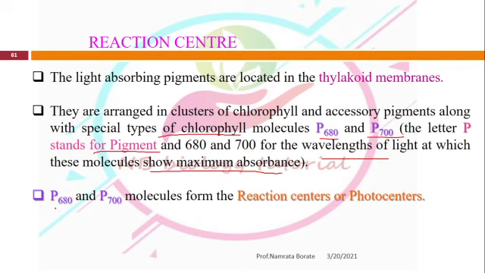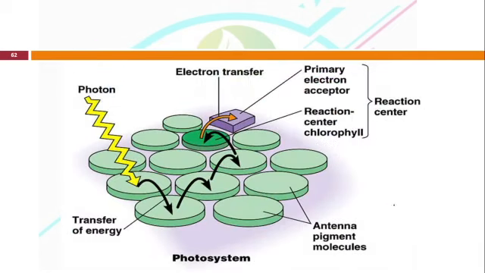The photosystem pigment system P680 and P700 molecule forms the reaction center, also called the photocenter. You can see here this central part is called the reaction center of the chlorophyll.